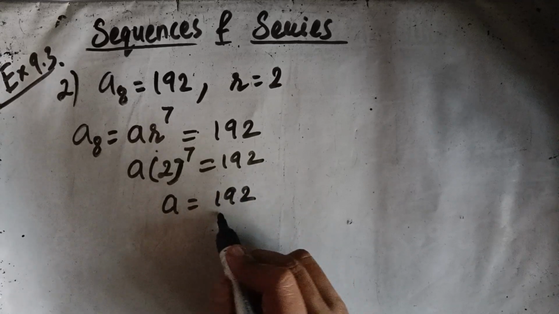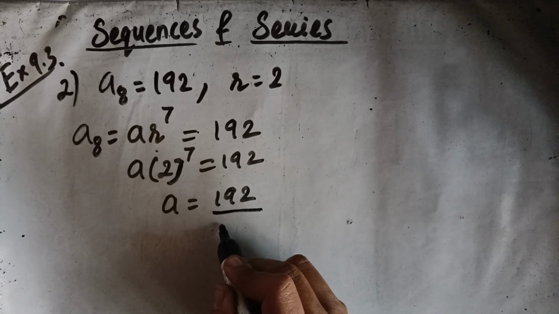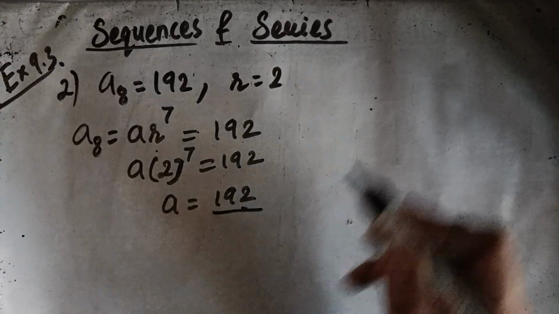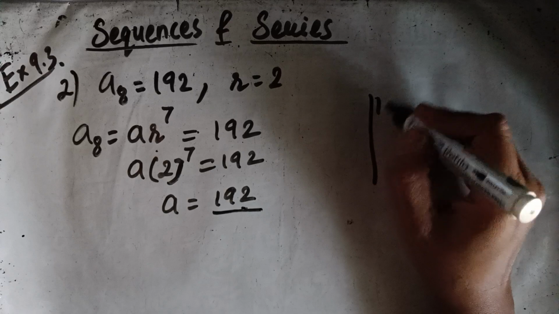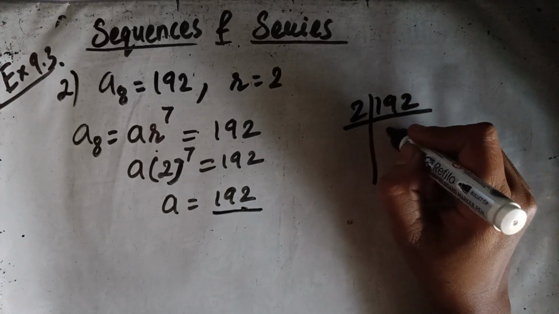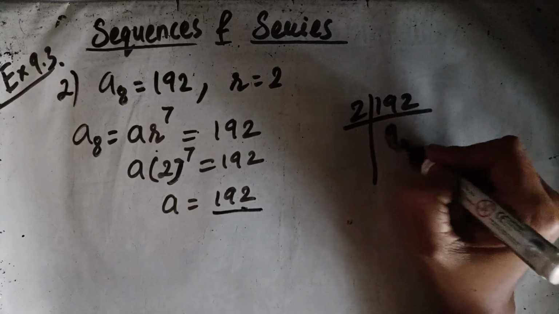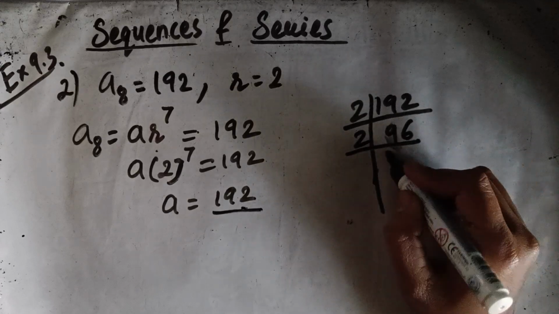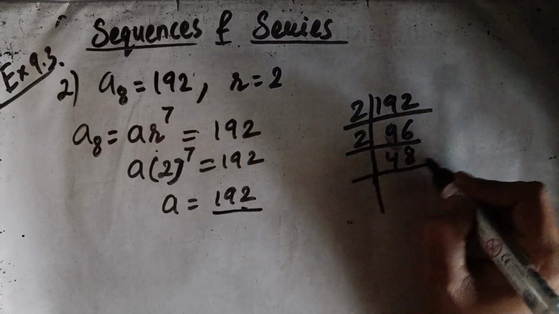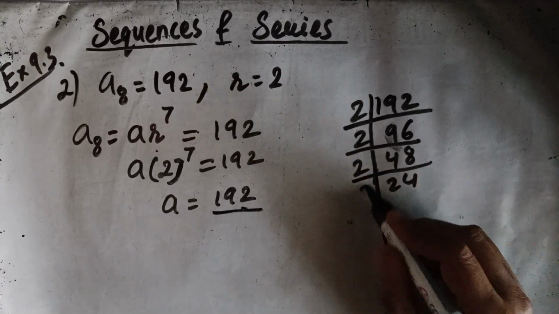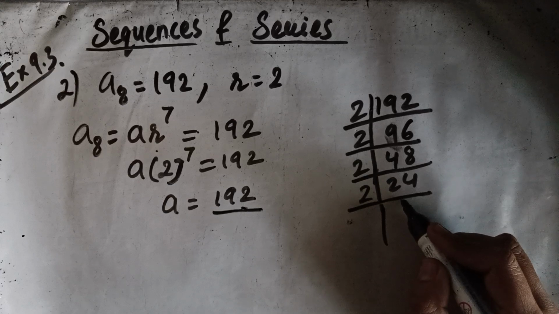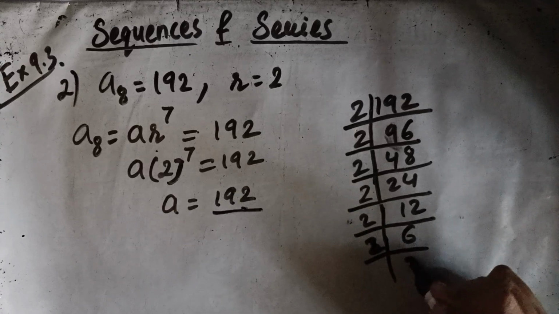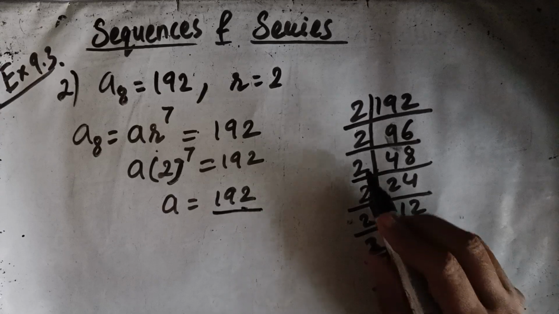192 on 2 raised to 7. So you can find the prime factors. 1, 2, 3, 4, 5, 6.